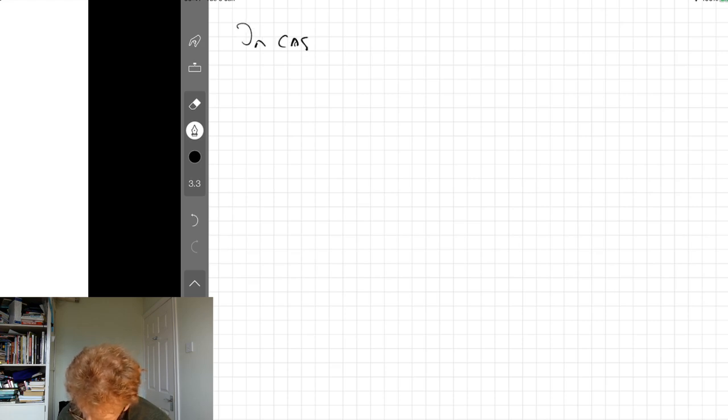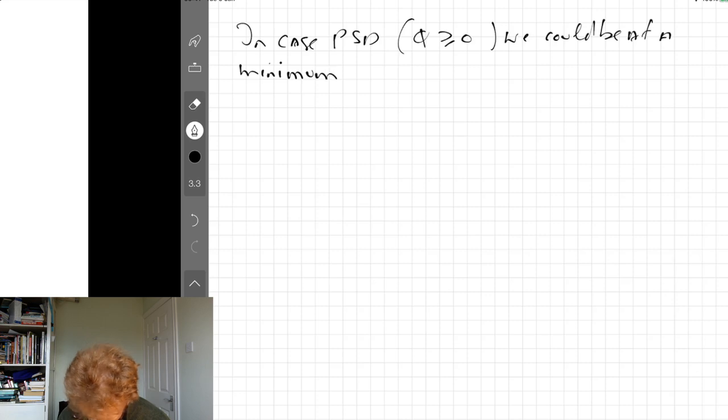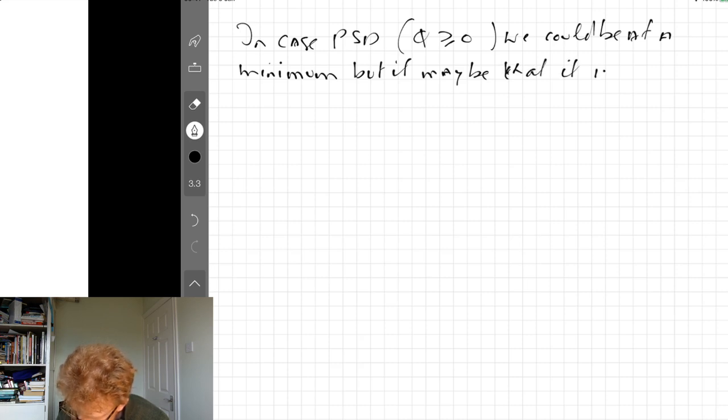In the case of positive semi-definiteness, so Q bigger or equal than 0, we could be at a minimum, but it may be that it isn't a minimum.